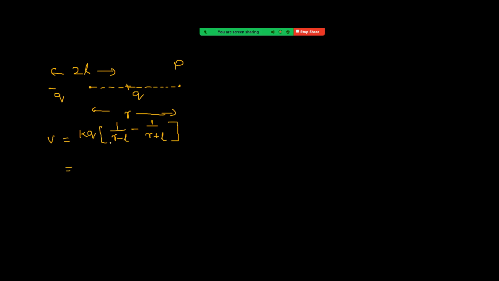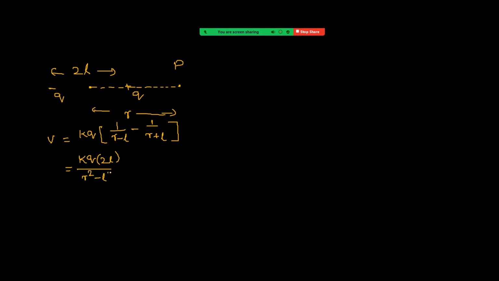First one is because of positive charge, second one due to negative charge. Since charge is negative, potential is negative, so here I have taken the negative sign, okay? Right, remaining is r plus L minus r minus L, it becomes 2L. It is kq into 2L over r square minus L square.